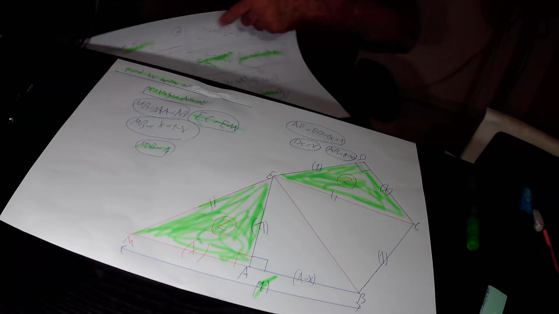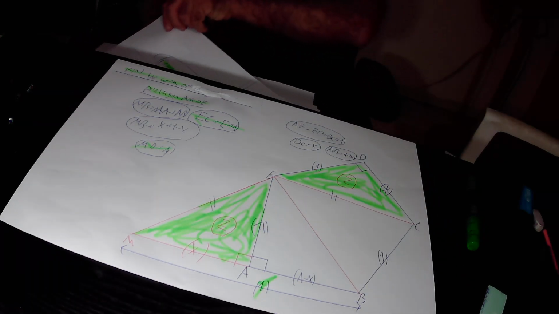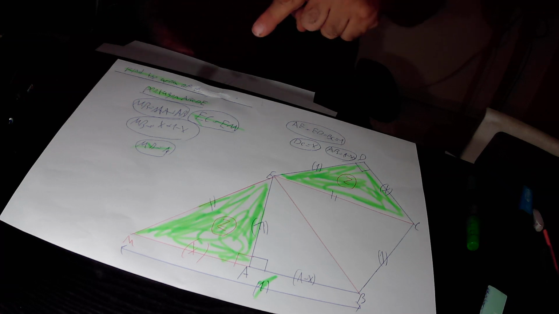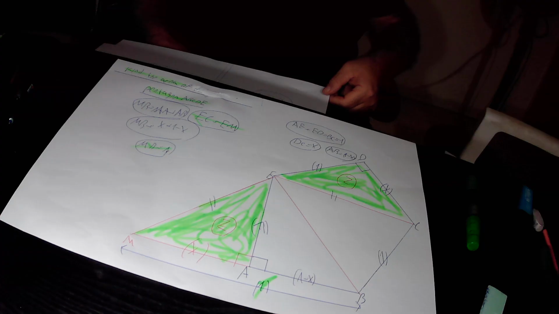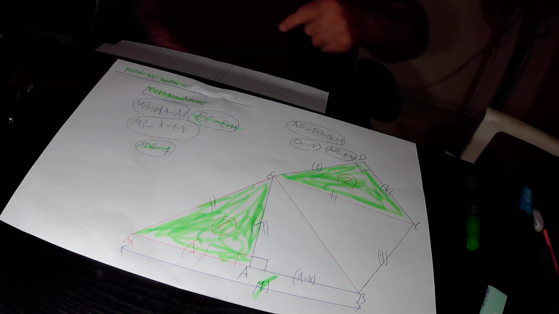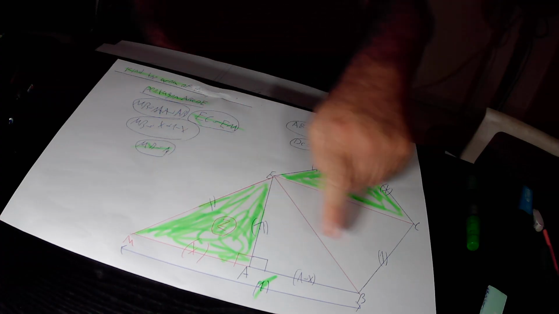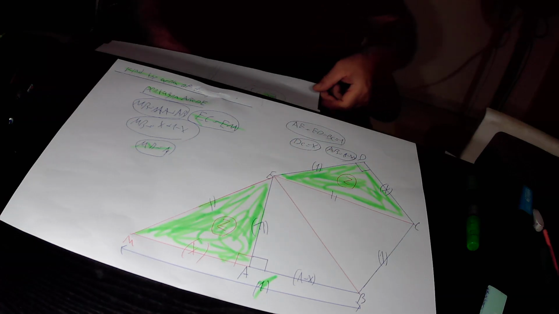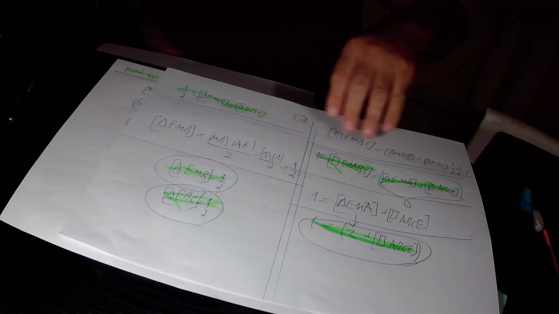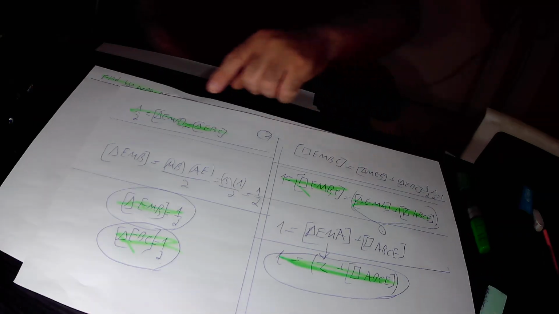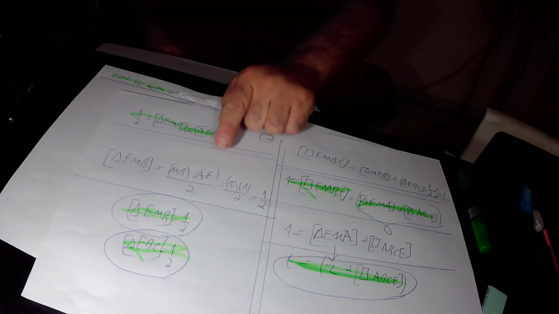In the next step, we calculated the area of this triangle EMB. The area of triangle EMB must be equal to the base MB times the height AE over 2.